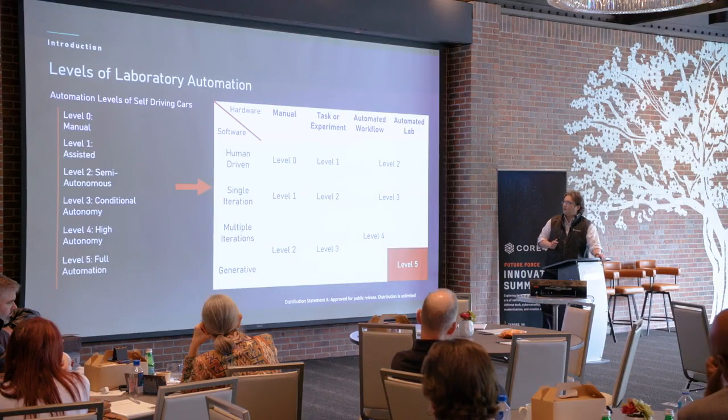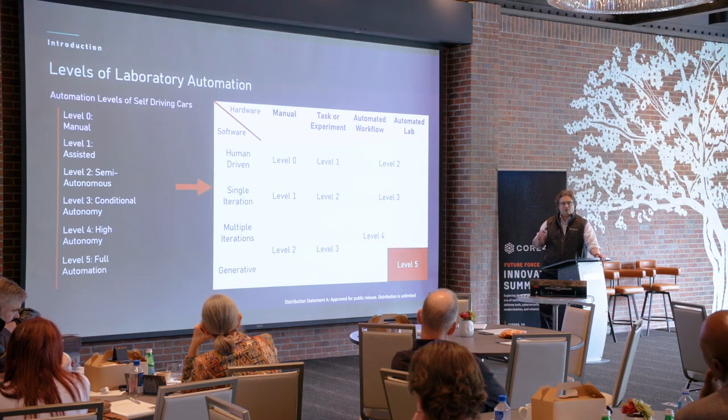So now we have robots doing parts of the experiment and humans doing other parts. Then we start to work into fully automated experiments. So now we have hardware systems that can do the actual experiment themselves. They can move samples, they can do that sort of thing. And then lastly, you have your fully autonomous lab, which takes care of itself. It resupplies, it handles the equipment, it does all that sort of thing.